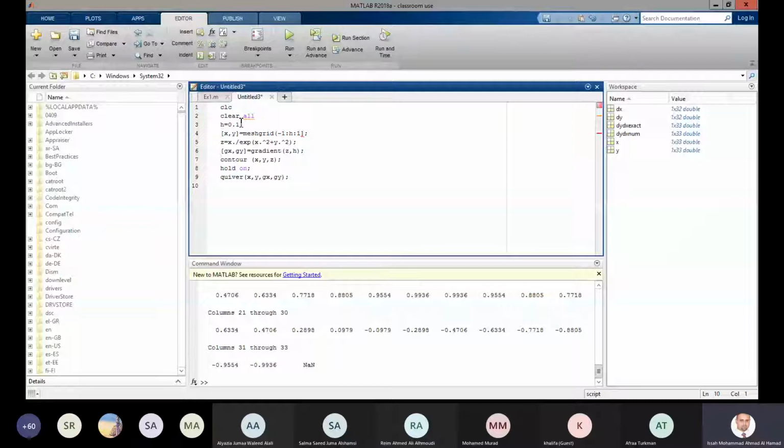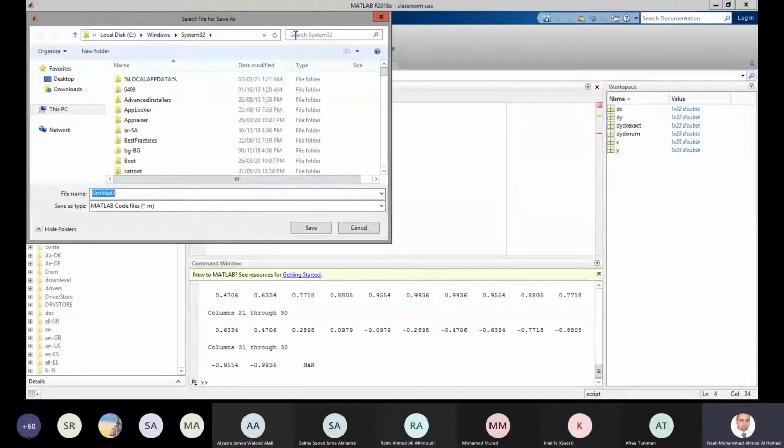We define the value. If you have a 1D vector, for example, you define x equals, for example, -1 to 1. However, if you have x and y, you have to define the meshgrid. So let me start this.